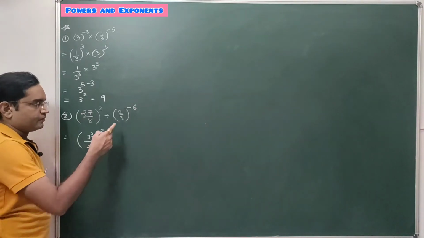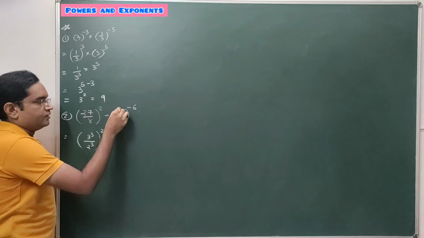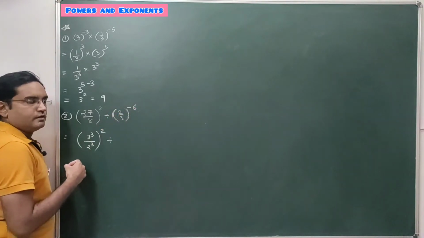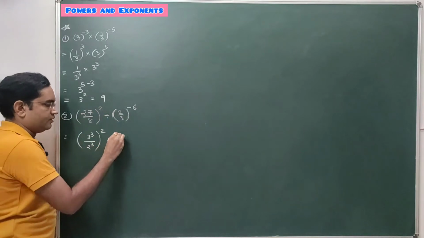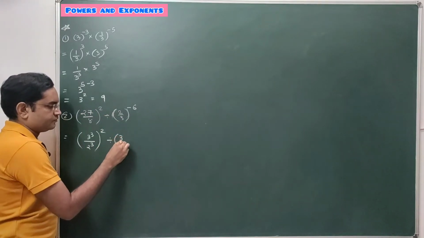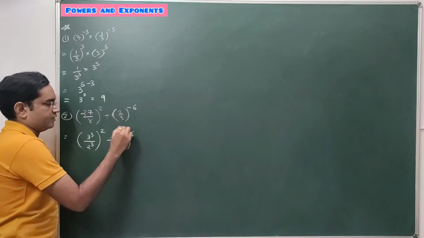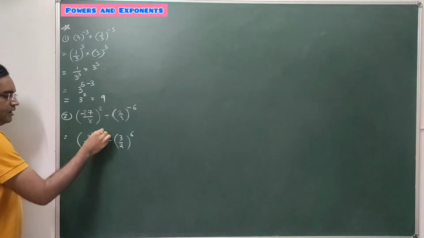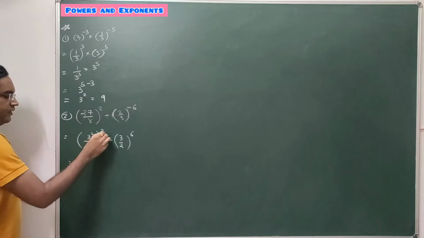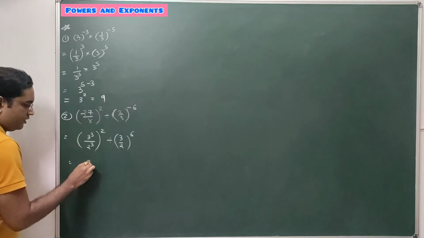Divided by negative power. So you have to take the reciprocal of this base. Reciprocal means numerator will go into denominator, denominator will go into numerator. So it will be 3 by 2 raised to 6. Done? Now here it's a power of division, so we can take the power on 3 and 2.